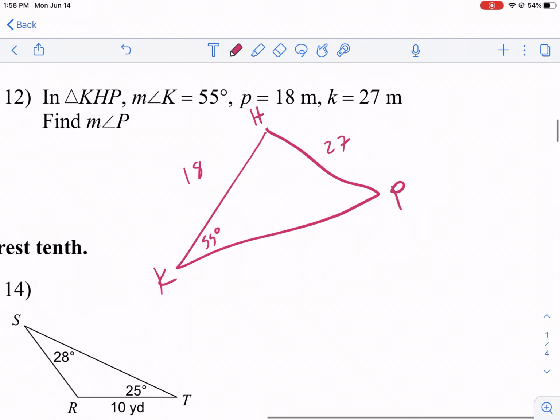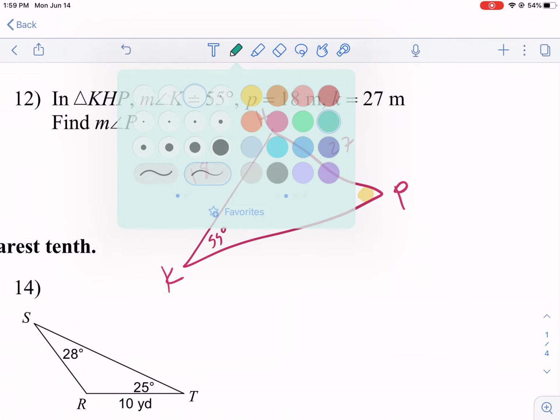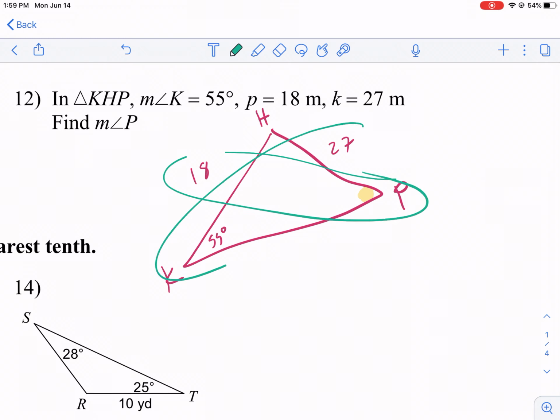All right, I'm asked to find the measure of P right here. Actually, this shouldn't be too bad. The first problem I did was actually much tougher. So I have these two proportions here: sine 55 over 27 equals sine of P over 18.